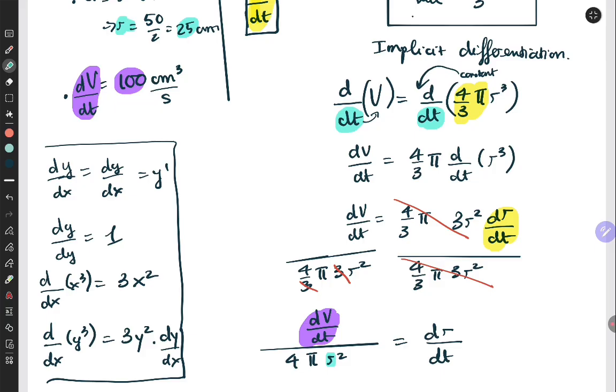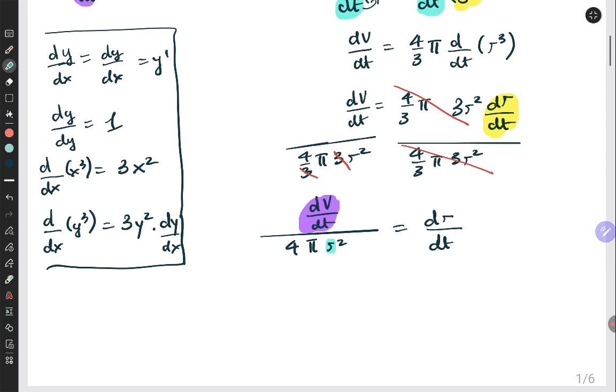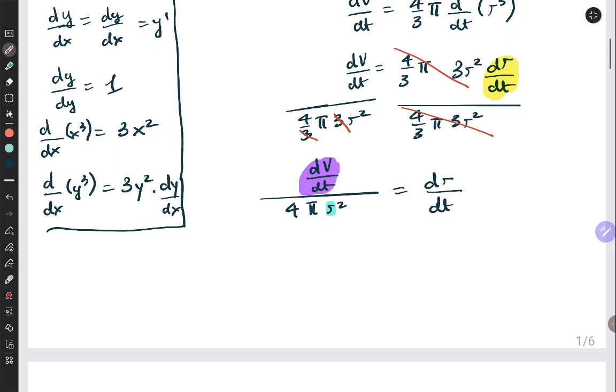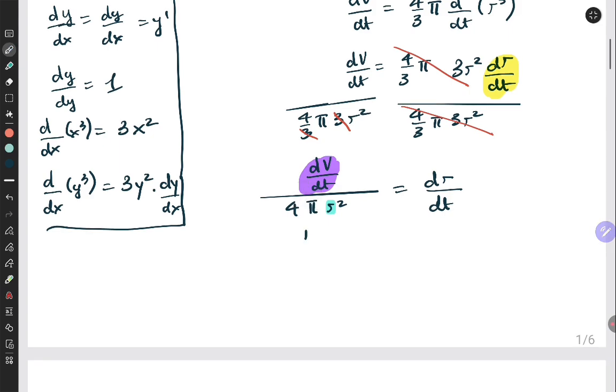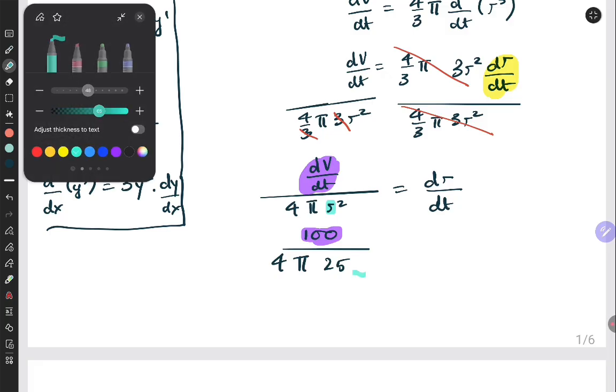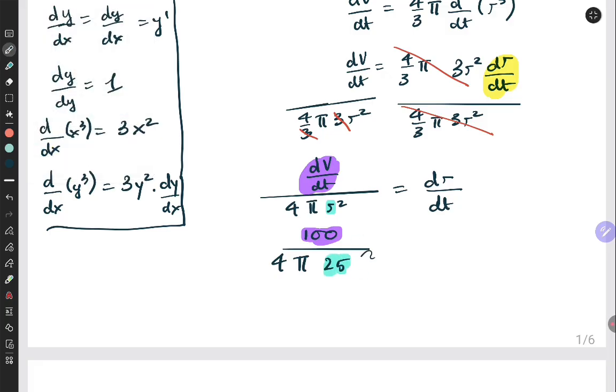Plug in a number, you get your answer. So 100, which is the purple, divided by 4 pi 25, which is the teal color. In fact, it's 25 squared.